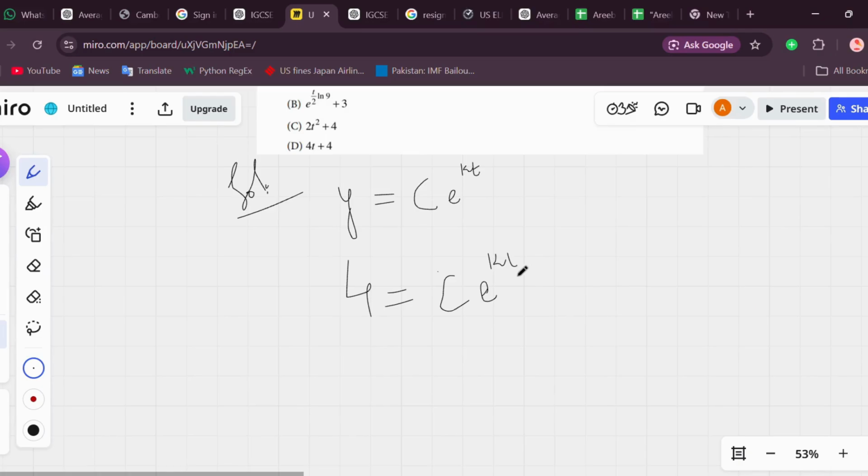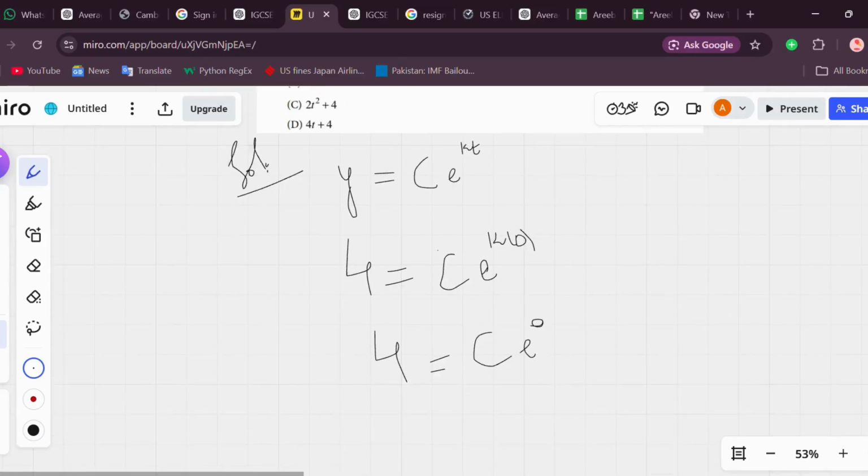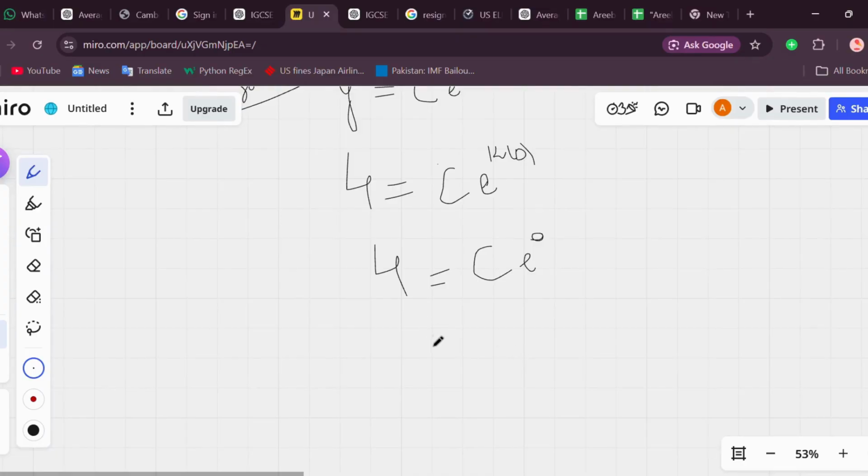So 4 equals C e naught. E naught is equal to 1, because k times 0 is 0. So eventually C equals 4.